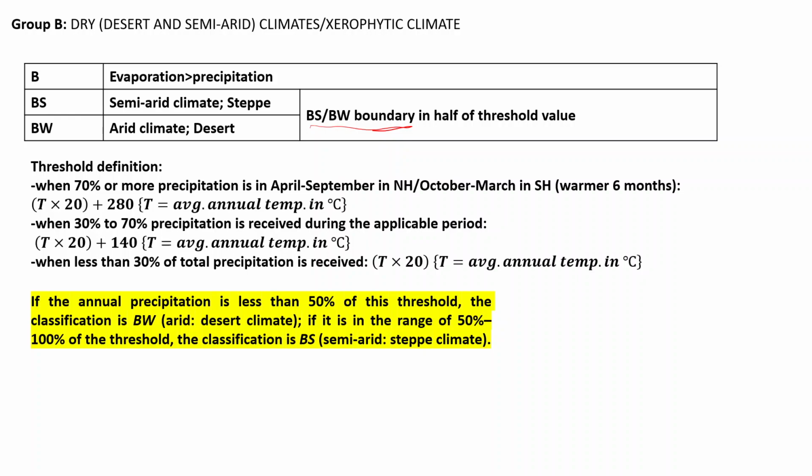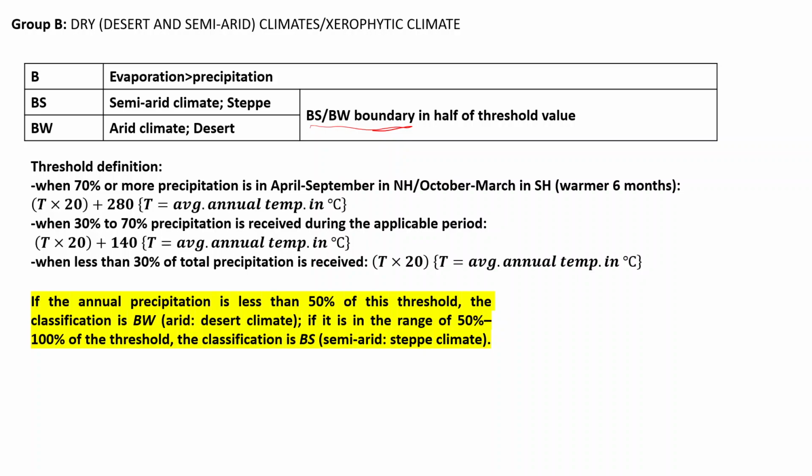And the warmer months for the southern hemisphere are October to March. So if during that time we get 70% or more precipitation during the warmer 6 months, then the threshold will be T multiplied by 20 plus 280. In the DS Lal book, you will find this value a bit different. Don't get confused, because these values have been revised, and you might end up confusing.